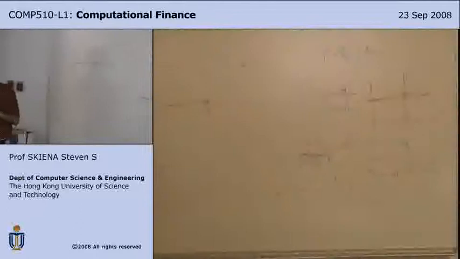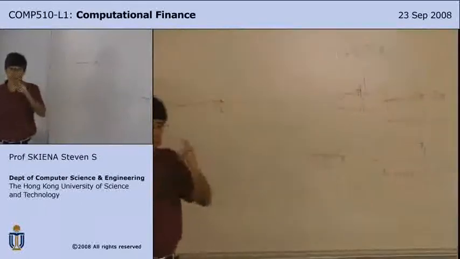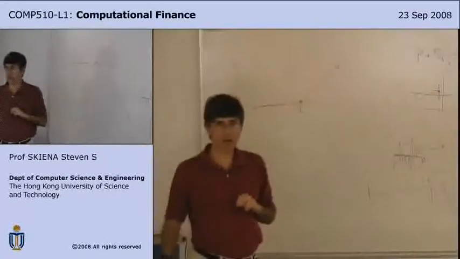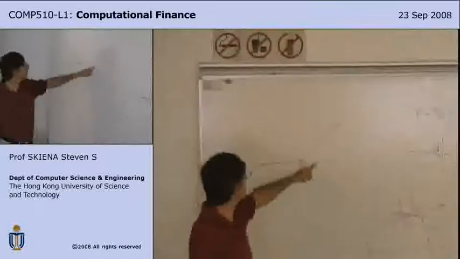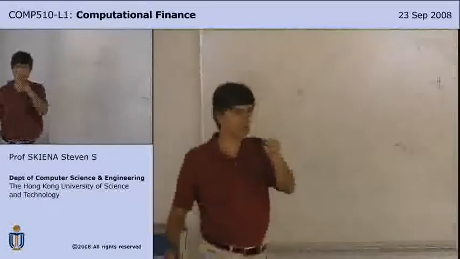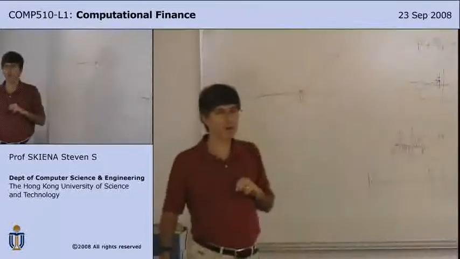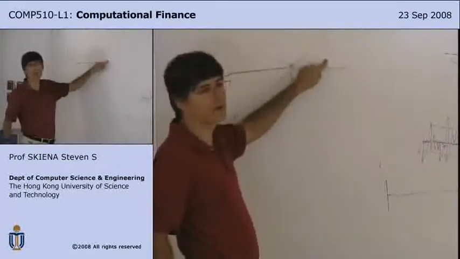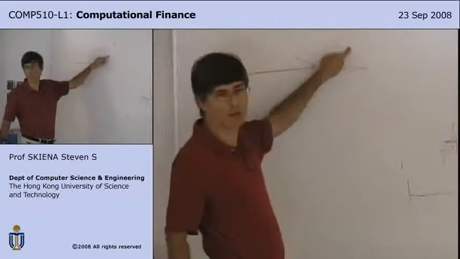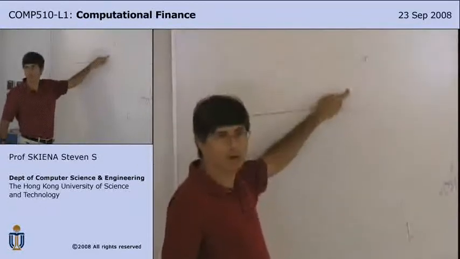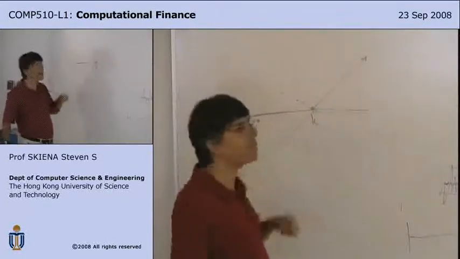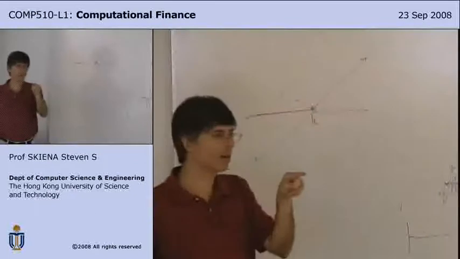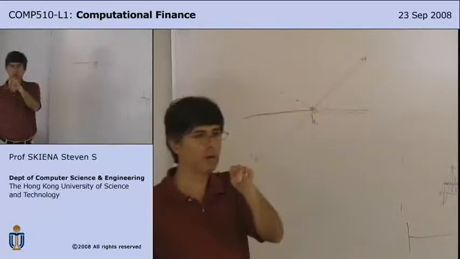If I own a call, forget about the prices of these things, okay? But suppose I own a call and I sold a put at this price. What's interesting is every time the price goes up by $1, I make $1, right? Every time the price goes down by $1, I lose $1, right?